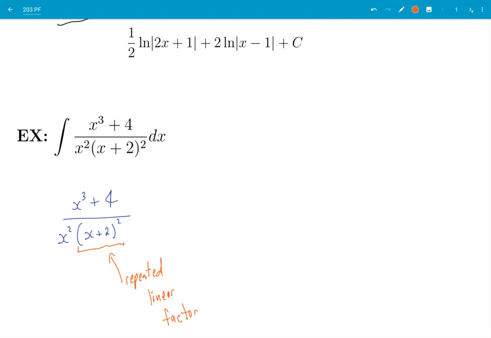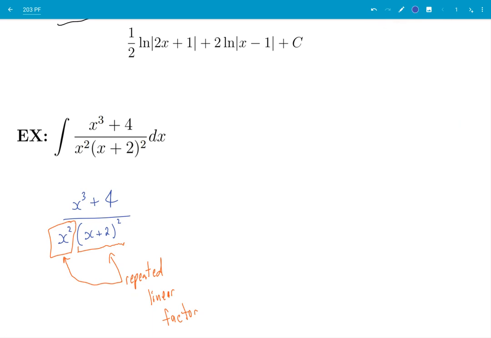Okay, it's linear because it's ax plus b. And it's repeated because of this 2 here, power of 2. Now, this x squared, that is also a repeated linear factor.